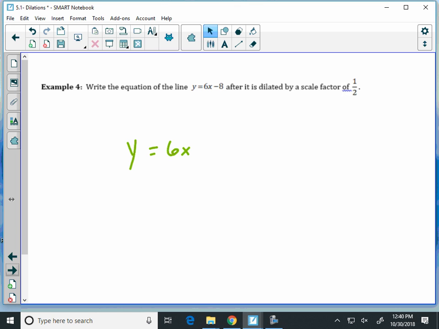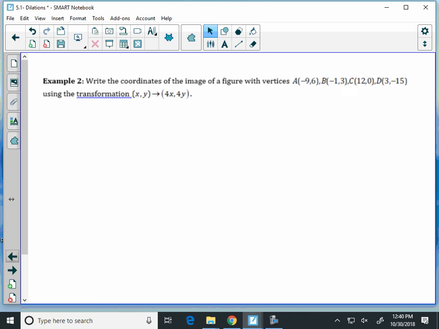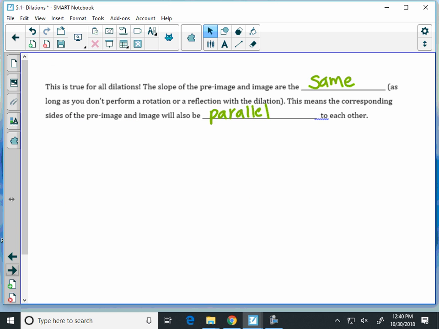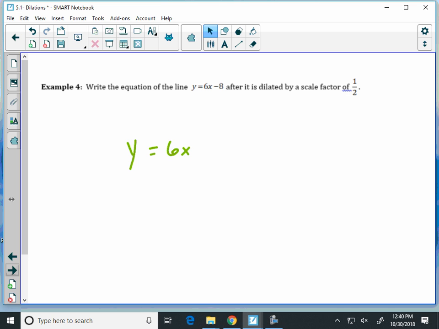But what about the y-intercept? Does the y-intercept change? Yes. When we look back, technically every single point on the figure was dilated by a scale factor of 2. You multiplied every single point on that line by 2, but just to make our lives easier, we only multiply the vertices. So every single point on this line gets multiplied by the scale factor, and the y-intercept is a point on that line.